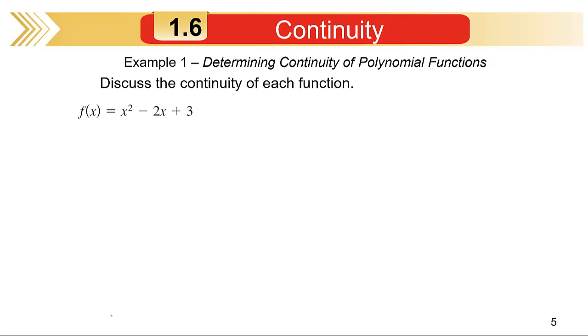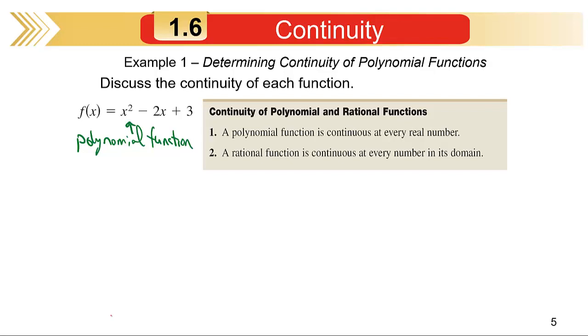For example, f of x equals x squared minus 2x plus 3. Based on what I just said a minute ago, you don't have to overanalyze it. You have to realize that's a polynomial function, and you have to realize that a polynomial function is continuous at every real number.